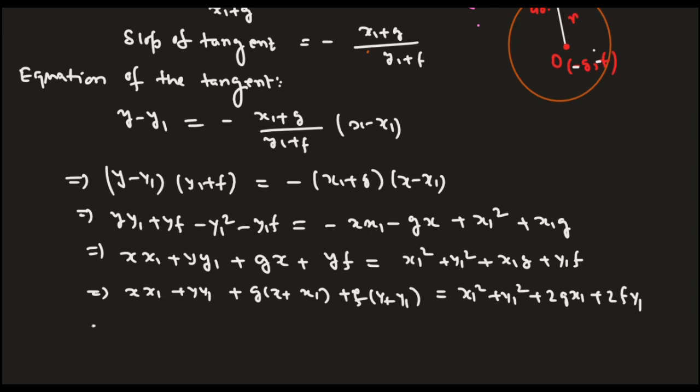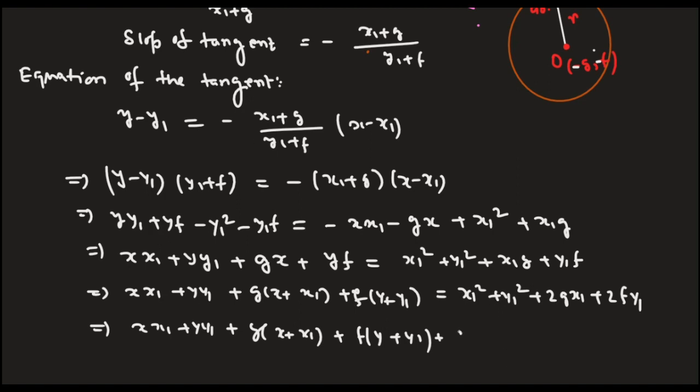So this is a very popular form. 1c is required. So now I am writing xx1 plus yy1 plus g times x plus x1 plus f times y plus y1, and then here if you add c on both sides, what will happen?